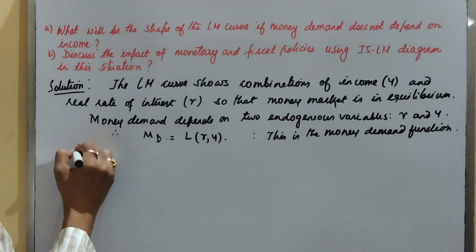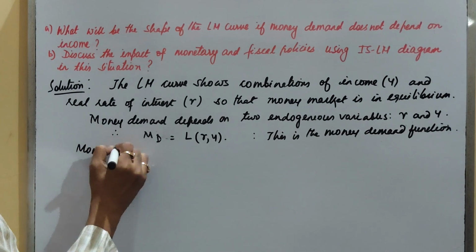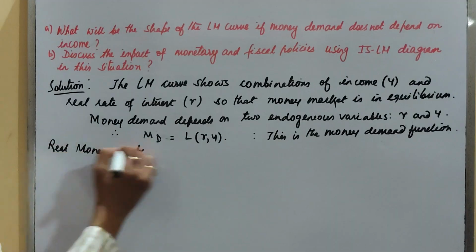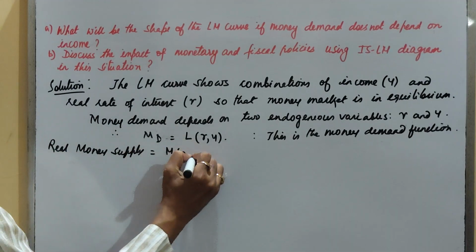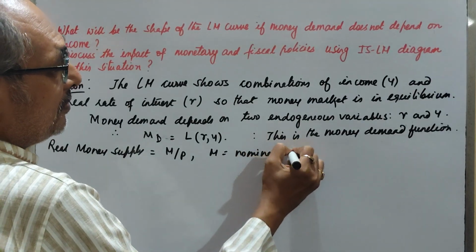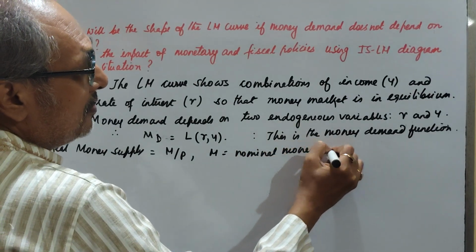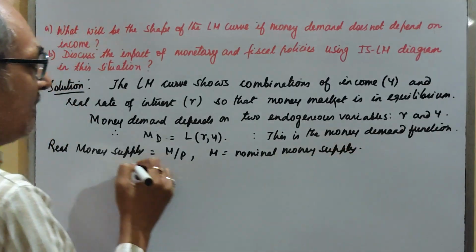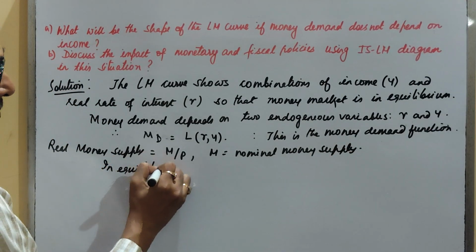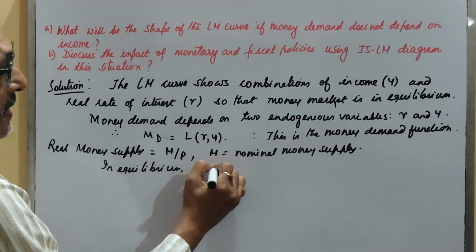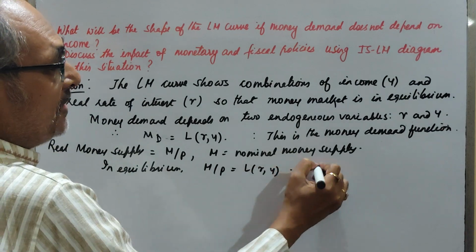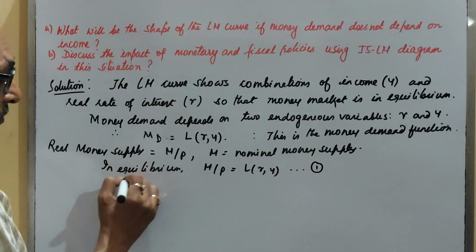Now money supply. Let it be real money supply. Real money supply is M by P, where M is nominal money supply. Hence in equilibrium, M by P equals L of R comma Y. This is the equation of the LM curve.